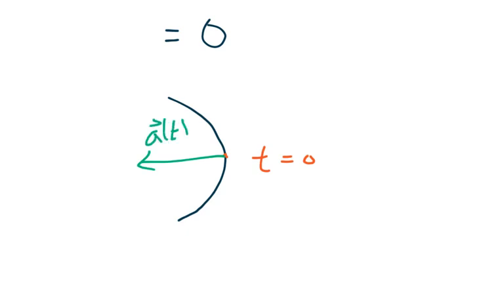So what would that look like in a picture? If this is t equals 0, we have some velocity vector, some acceleration vector. It's actually a at 0.